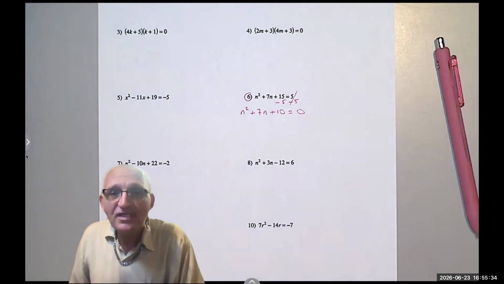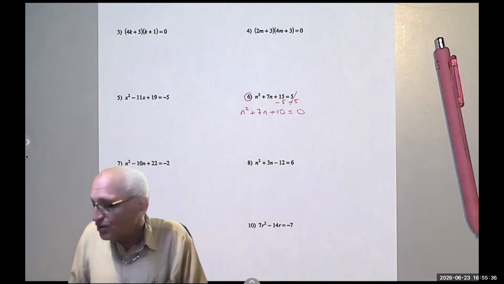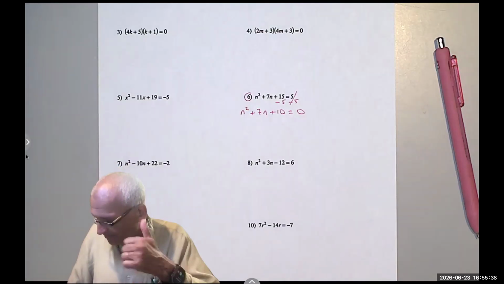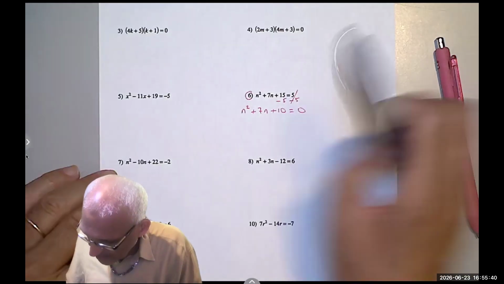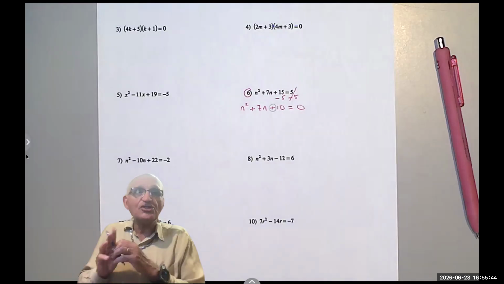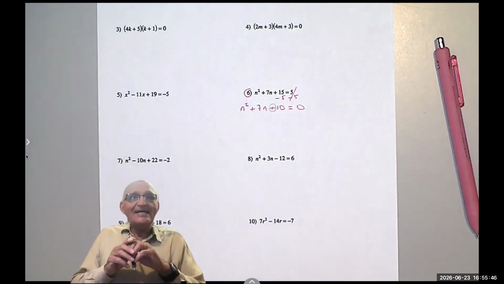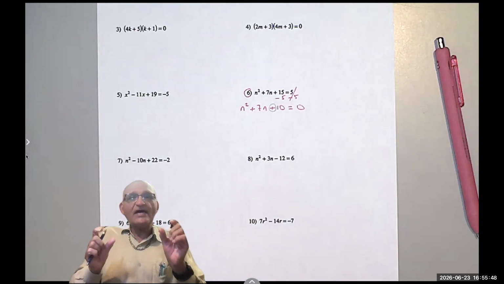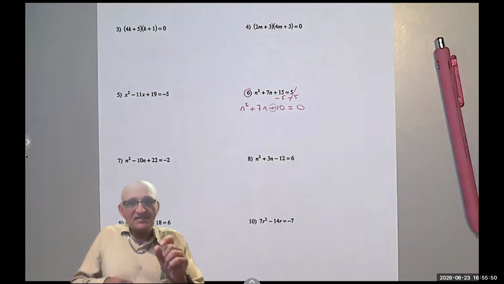So how do we think about factoring? The first thing we do, number one, you look at the constant term. If the constant term is positive, it means both factors have the same sign inside.